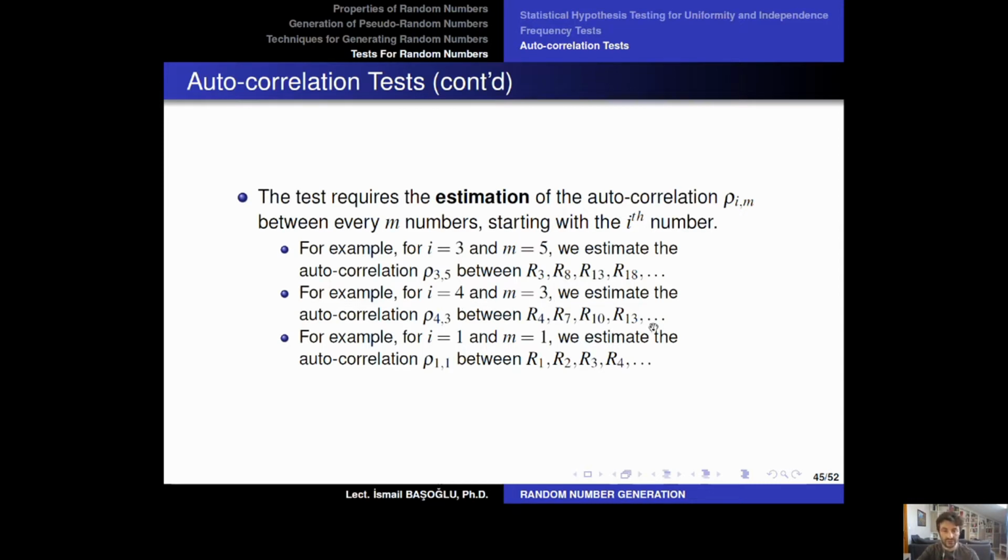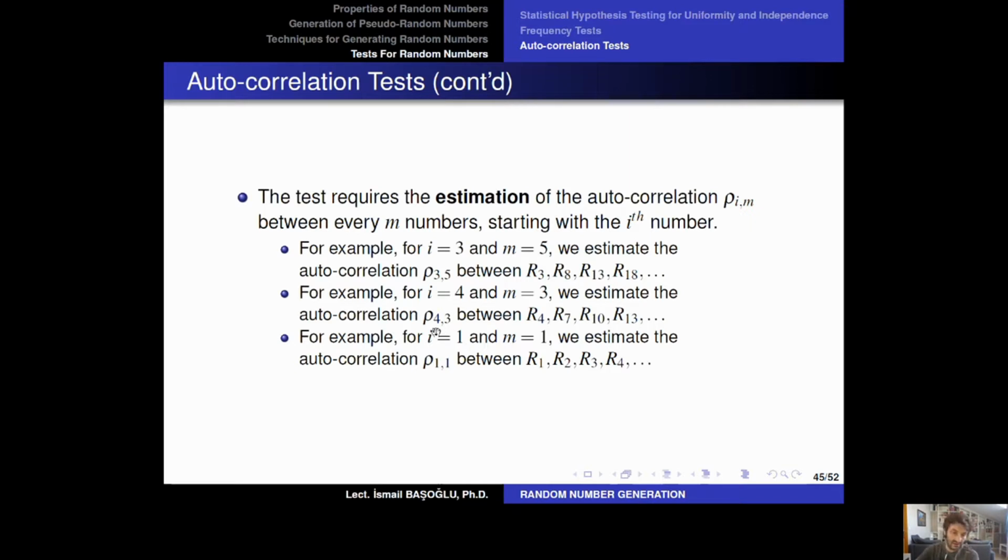This is the subsequence that is studied: R4, R7, R10, R13. And here we are basically checking the autocorrelation rho_4,3. Now these autocorrelations should be statistically insignificant, which means they should be estimated very close to 0, so we can say that there is no significant proof of any statistical dependence here.